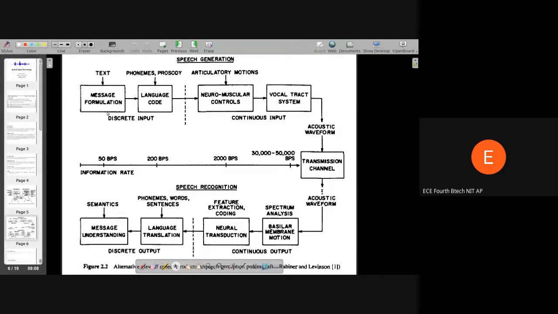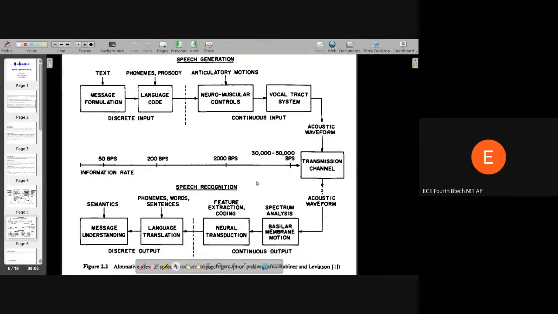So only 2 or 3 words, let's say, in a telegram. Then in sounds, let's say there are 40 to 50 individual sound units or phonemes in English, so the information rate increases. Then we start moving our muscles, neuromuscular commands are given, and they are again more in number.